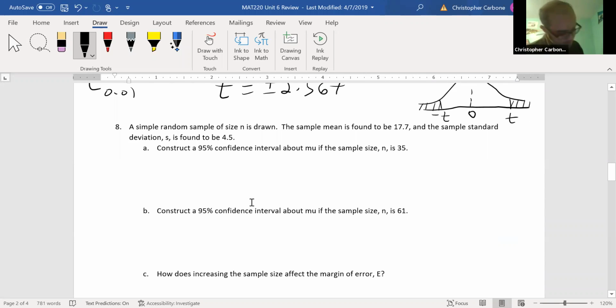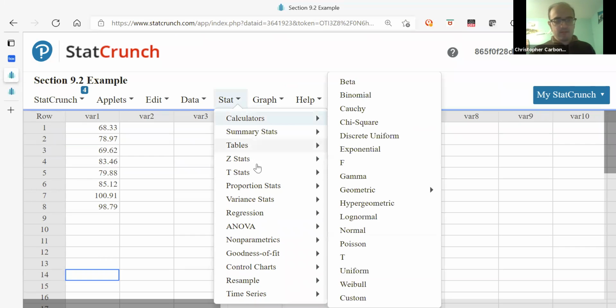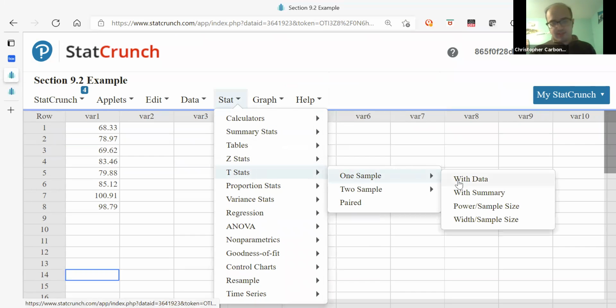Question number 8. We have a simple random sample of size n drawn. Sample mean is found to be 17.7. Sample standard deviation s is 4.5. We want to construct a 95% confidence interval about population mean mu if the sample size n is 35. We are going to go to Stat, T Stats, One Sample.